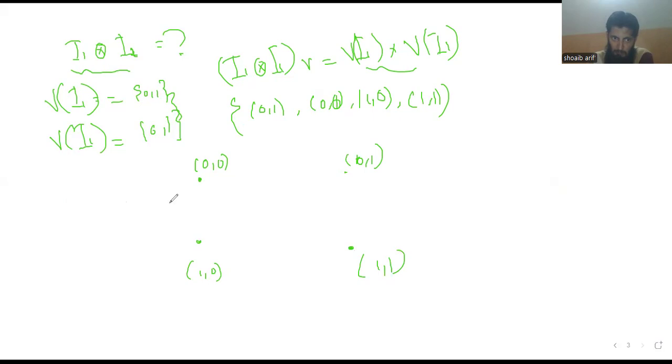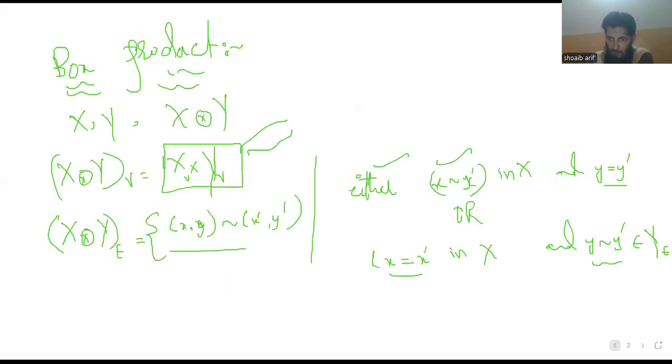According to the definition of the box product, how can we make an edge?